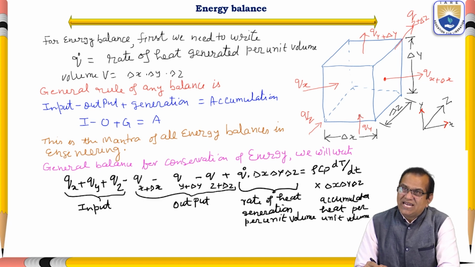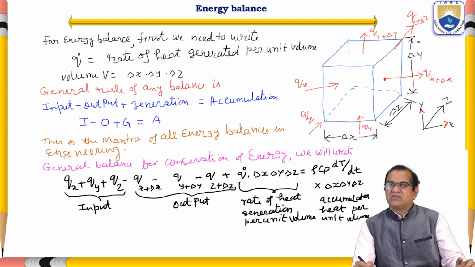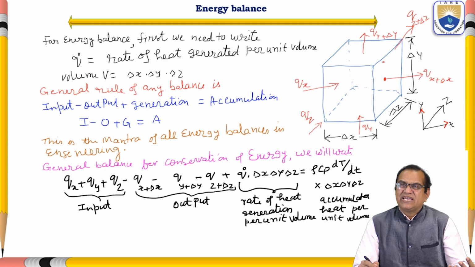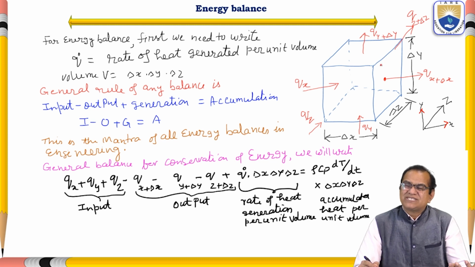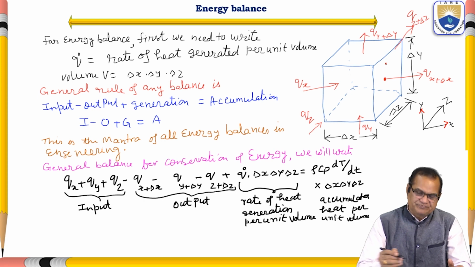Vertically it is entering the heat Qy and leaving Qy plus delta y. For z it is entering in this and leaving opposite to this, that is Qz plus delta z. So this is a small element, and for this we have to see the energy balance, how these things take place.